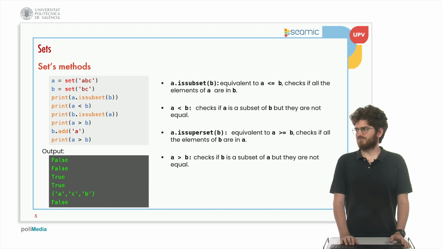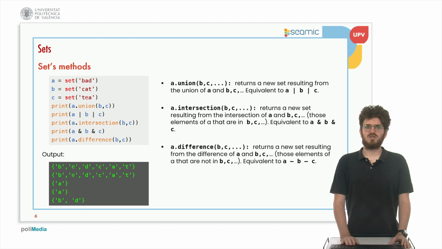And we can liken these operations to math comparisons between numbers. You always have to remember that just because a set is not a subset of another, doesn't mean that it will be a superset.